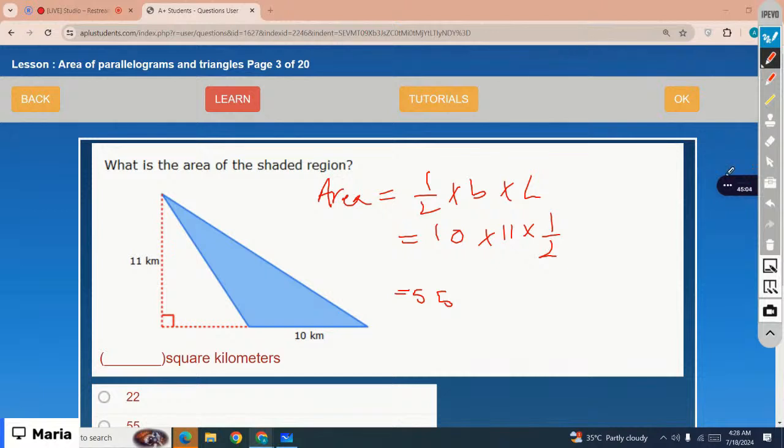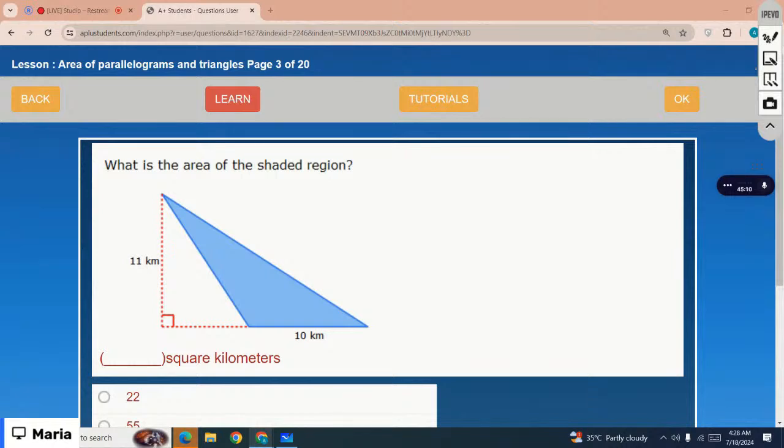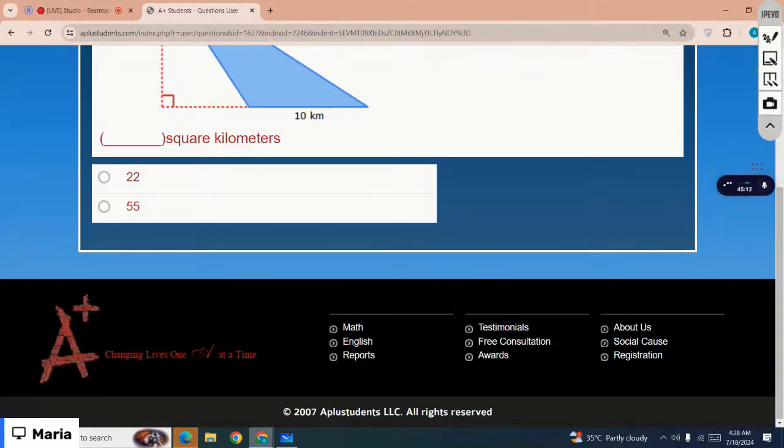Correct option is 55. Option number two is the correct option. Got it?